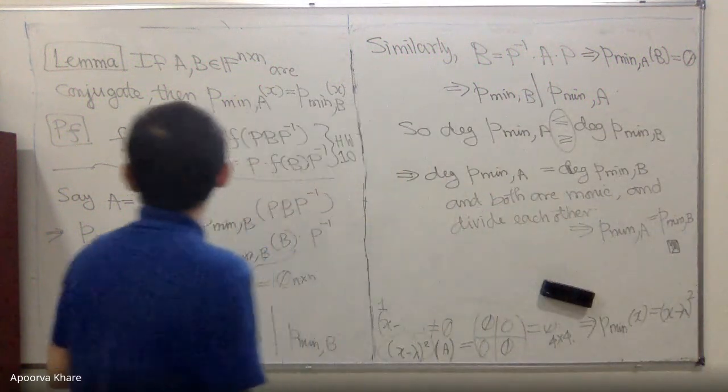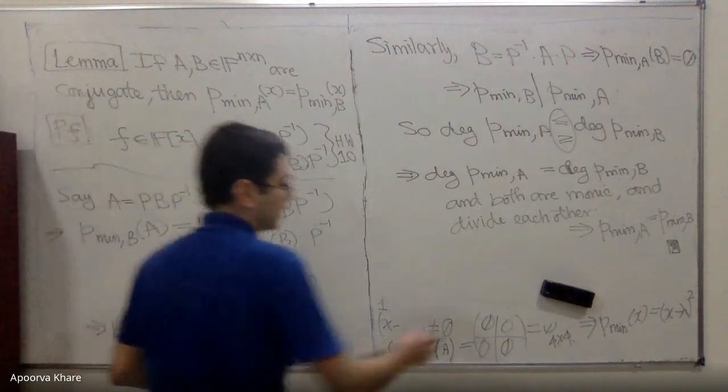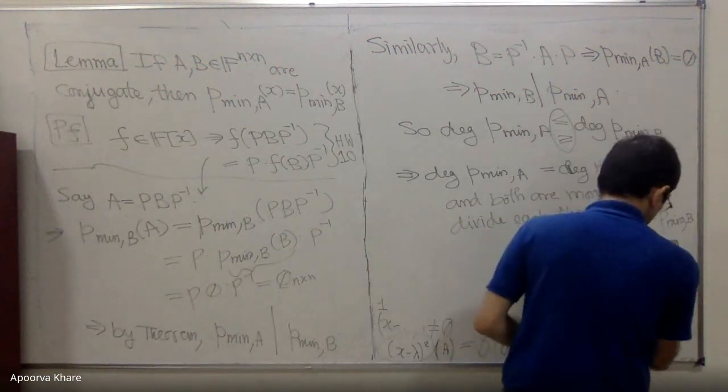Okay, so as a corollary to this, we get that P min of T is well defined because it doesn't matter which basis you choose.